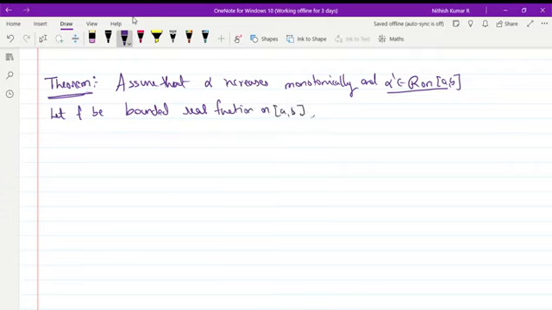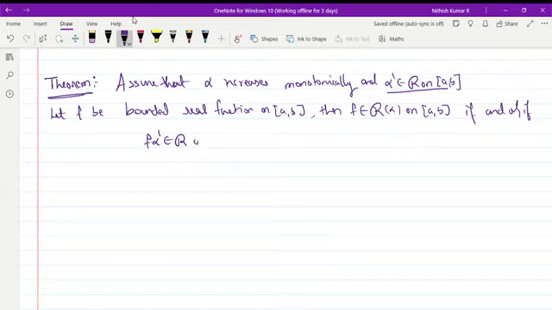Then f belongs to R of alpha on closed interval a comma b if and only if f alpha dash belongs to R on closed interval a comma b. That is, we need to prove f is Riemann-Stieltjes integrable on closed interval a comma b if and only if f alpha dash is Riemann integrable on closed interval a comma b.